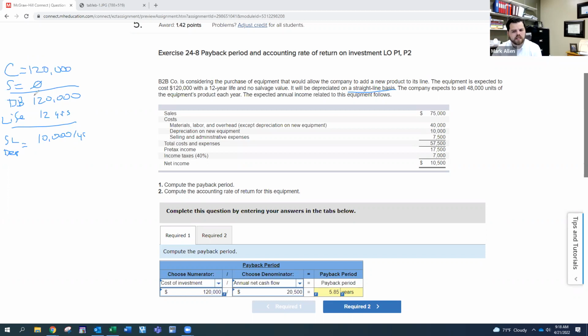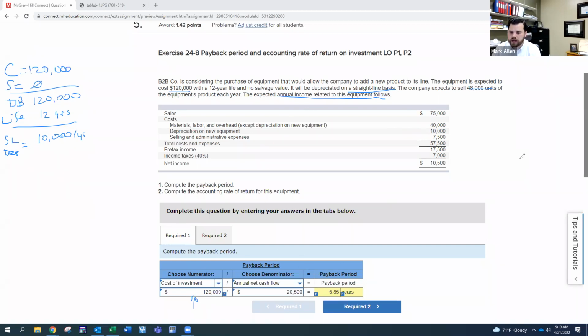The company expects to sell 48,000 units of the equipment's product each year. The expected annual net income is below. So we see all that. It's all given to me. And what we want to realize is the payback period here should be able to be done in about 3 seconds once you've got your depreciation, because we know the cost. Cost is 120, so drop that in.